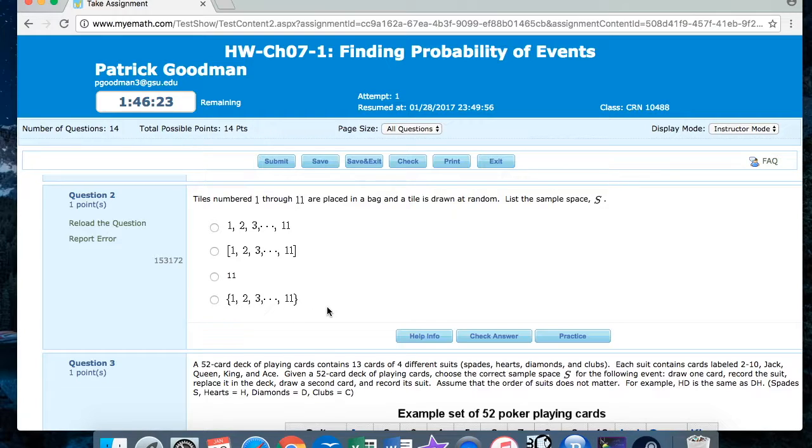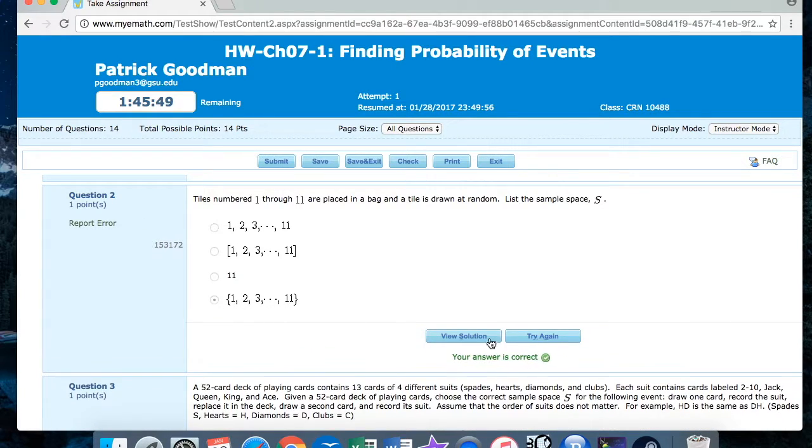The curly braces just mean that it's a list full of total outcomes or elements. So this would be like an array, or a matrix column, or something like that, and then this is just a sequence. But in statistics, when we're talking about sample spaces, we list the sample spaces in these curly braces. So this right here would be our sample space S.